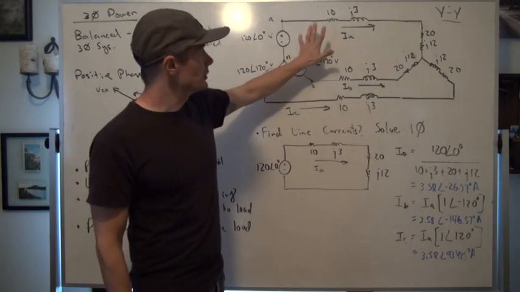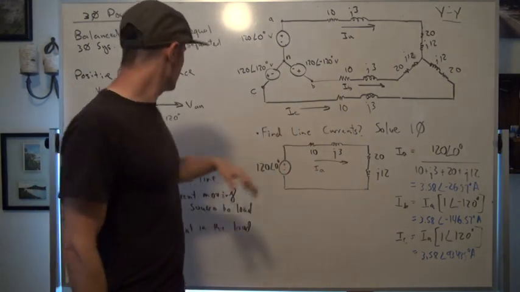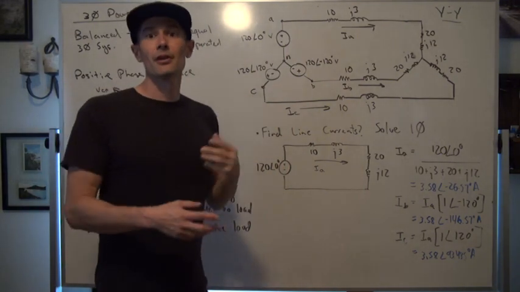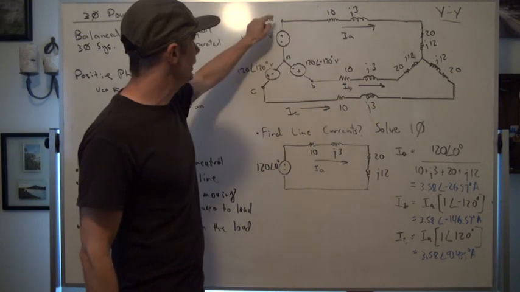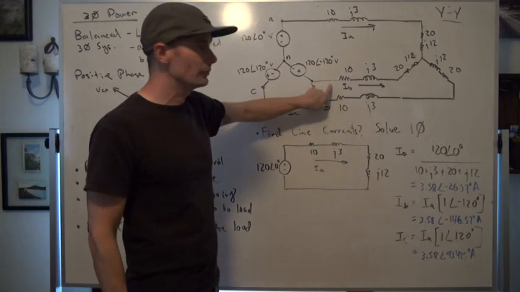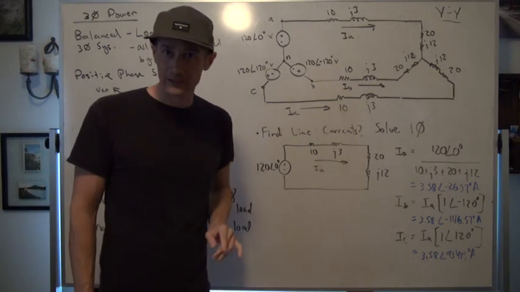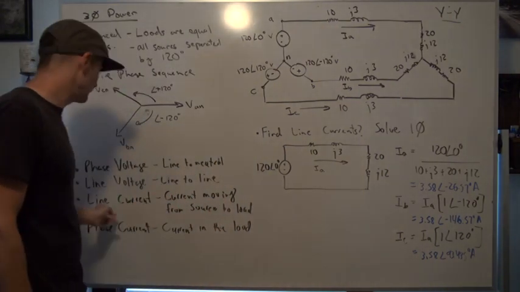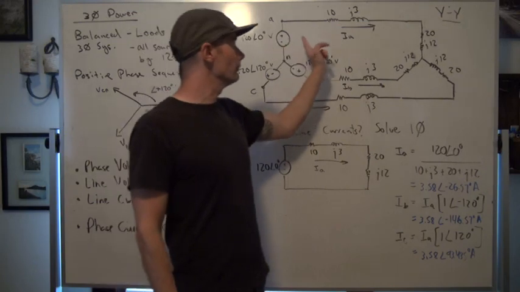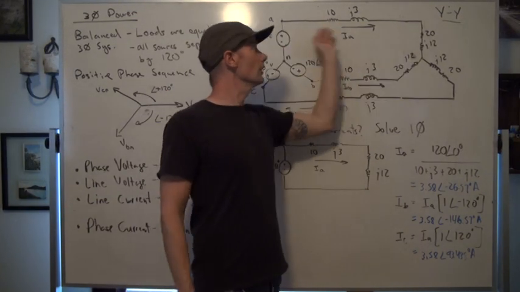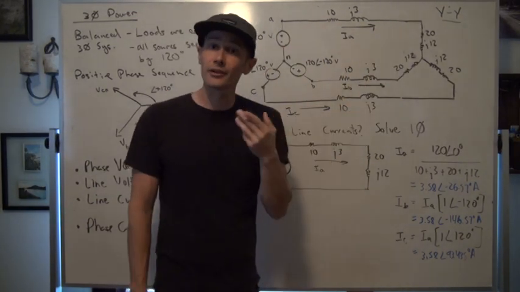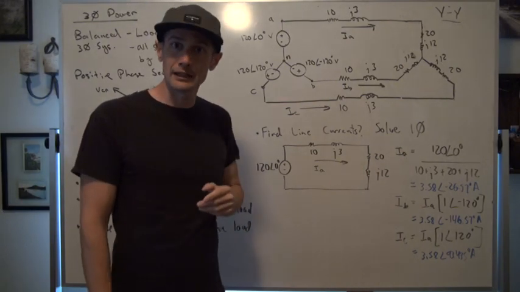Generally, the difference between phase voltage and line voltage is that we're looking at line to neutral versus line to line voltages, strictly based off KVL itself. Line current is always going to be the current moving from the source to the load, and usually we have to consider a line impedance.